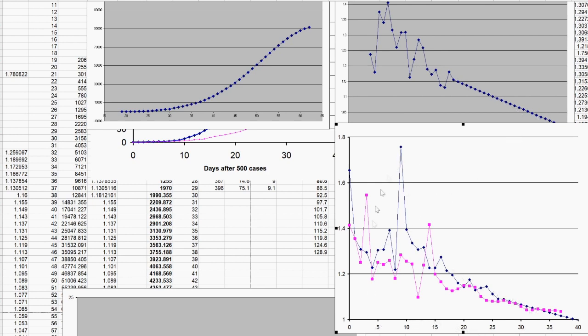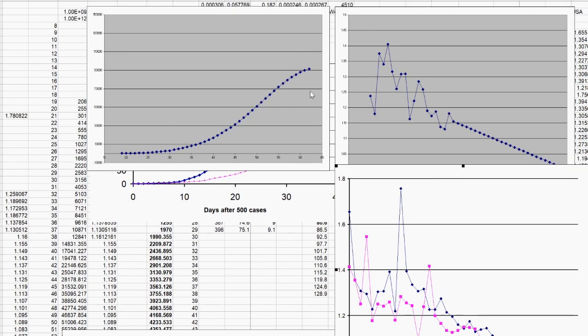Any differences that you're getting is because the scales are slightly different. It's decreasing by about just under 1% per day as a total spread rate. It starts off at about 1.2, and so the next day it's 1.19, 1.18, 1.17, and so forth.